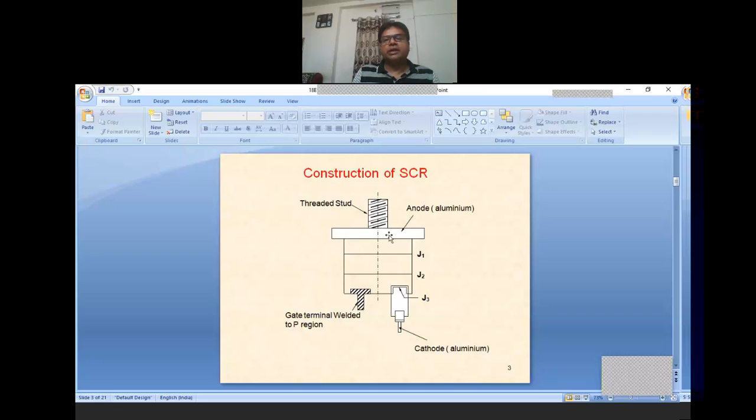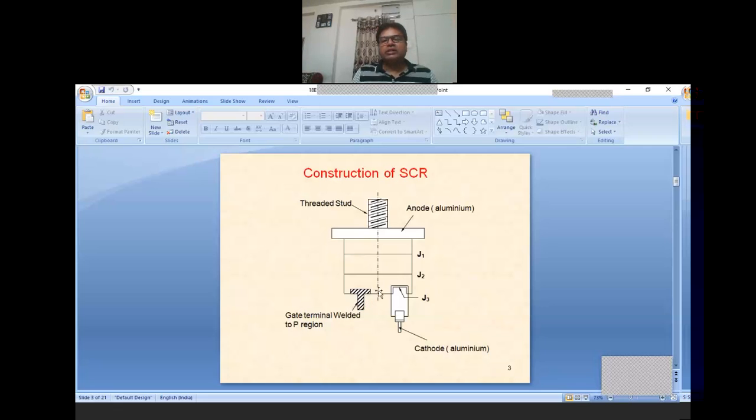Anode is made up of a highly conductive material, mostly aluminum in all the cases, and the outer N layer is connected to cathode, again an aluminum terminal. The inner P layer, to this the gate terminal is welded into this P layer.